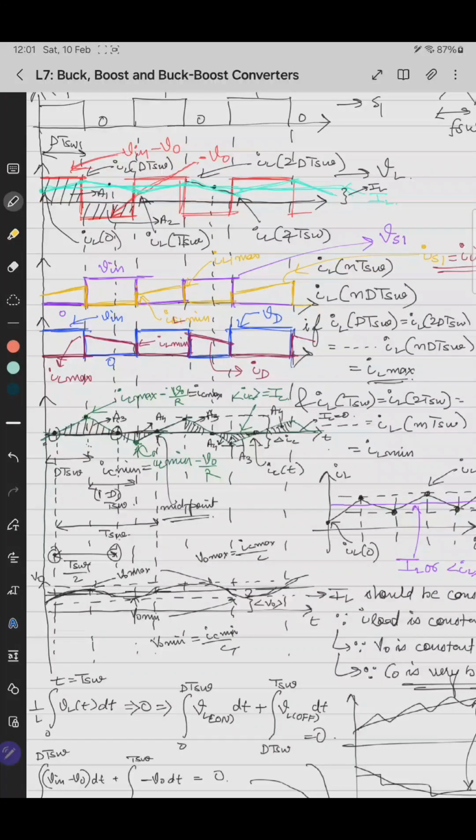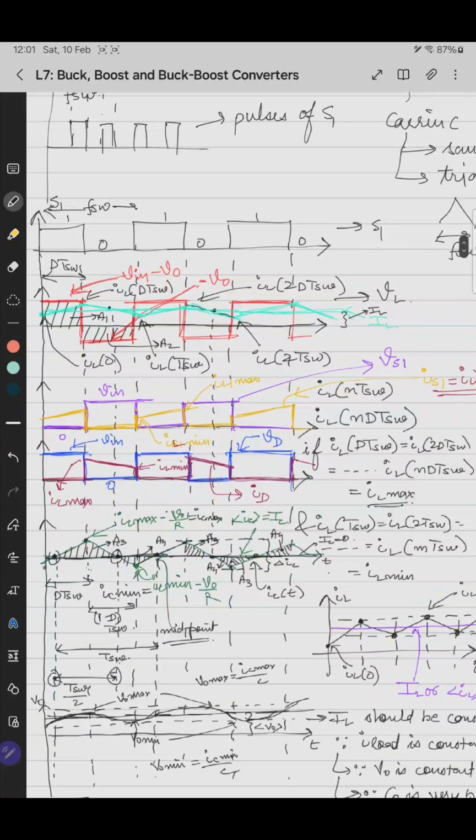Same thing with the capacitor. The average value of capacitor current should be 0 to maintain its output voltage as constant. If the average value of capacitor current is not 0, the average value of the capacitor voltage will keep on rising or falling. And the areas between the Ic versus time graph during the positive and negative parts, during the turn on and turn off time, should be equal. So this is the amp second balance.